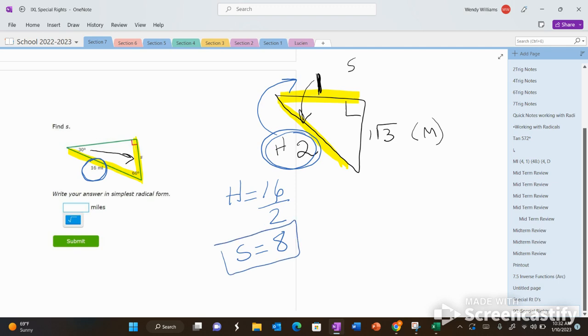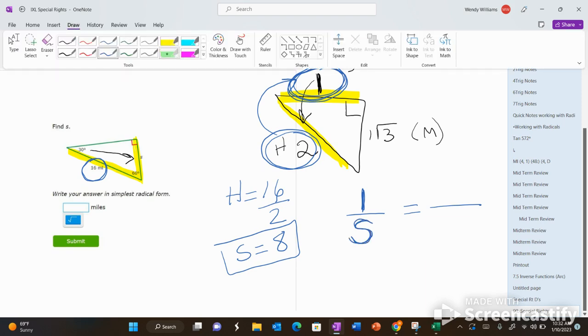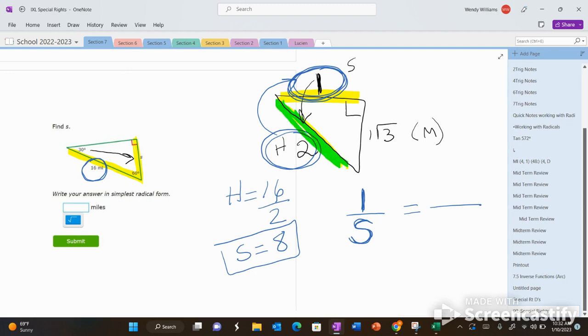If you can't do that yet because you haven't practiced enough, set up your ratios and plug in what you know. The original small is 1 compared to the new small that we're looking for, compare that to the original hypotenuse, which is 2, compared to the new hypotenuse, which is 16.